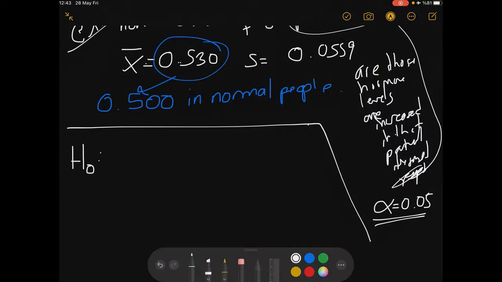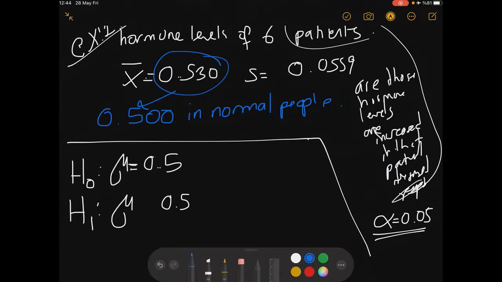Your default should be the same, so your mu is 0.5 as the default value, and your alternative hypothesis is your mu is, be careful, we're wondering if they're increased in the sick people. It's not two-sided, it's one-sided on the right-hand side, so it means larger than. This is what you will be testing here.